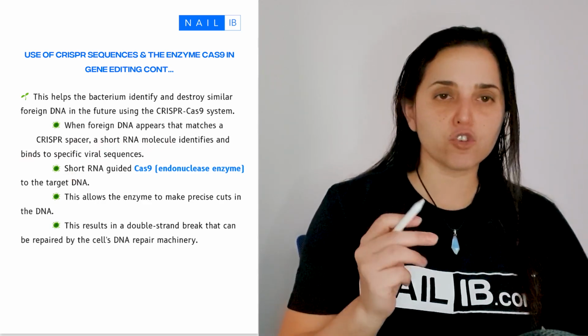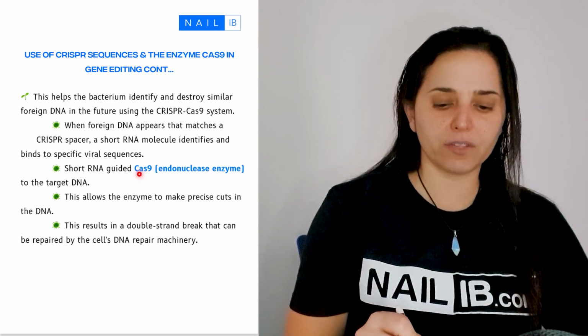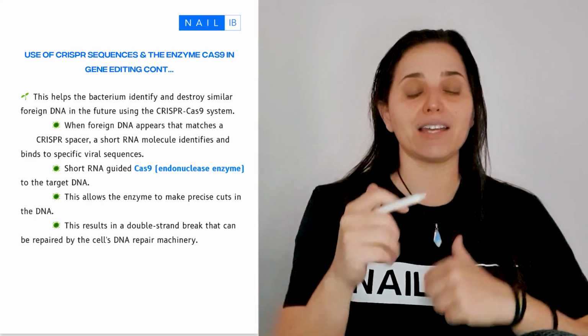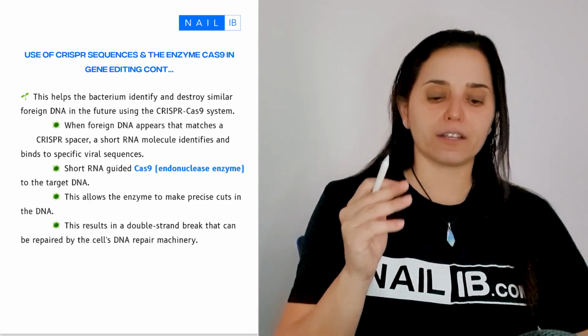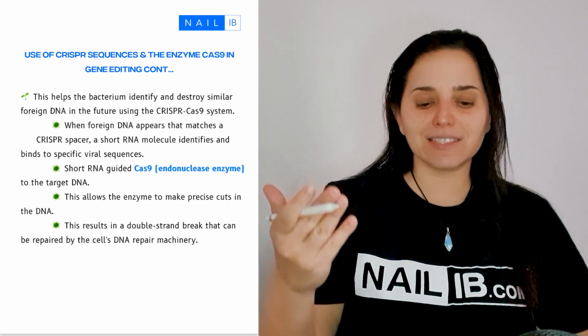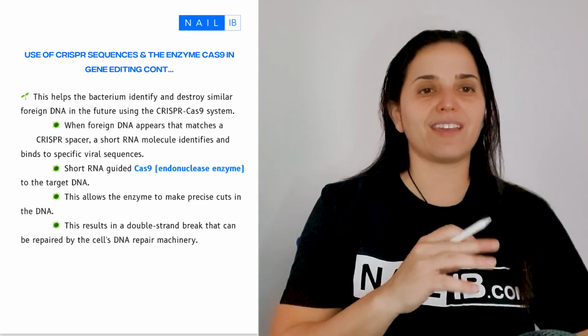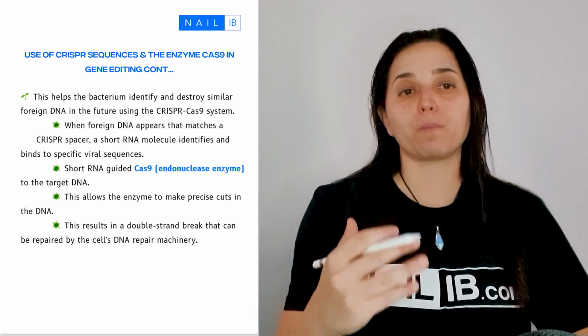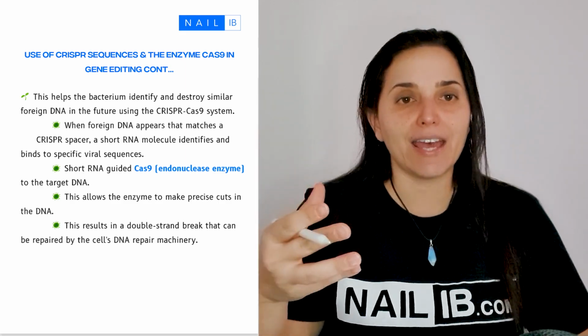So what happens? That short RNA is going to tell the Cas9, which is an endonuclease, meaning it cuts on the inside, to target that DNA. The enzyme is going to cut the DNA, and that way results in taking off whatever DNA it didn't want and making sure to repair the bacterial DNA.